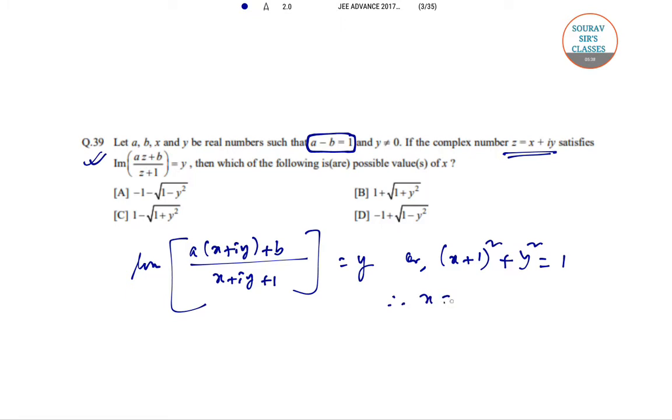So obviously x will get us minus 1 plus minus root over 1 minus y square. So hence the final answer to the question is A and D because of the plus minus structure. So A and D are the two possible answers. So this structural formation you need to apply.